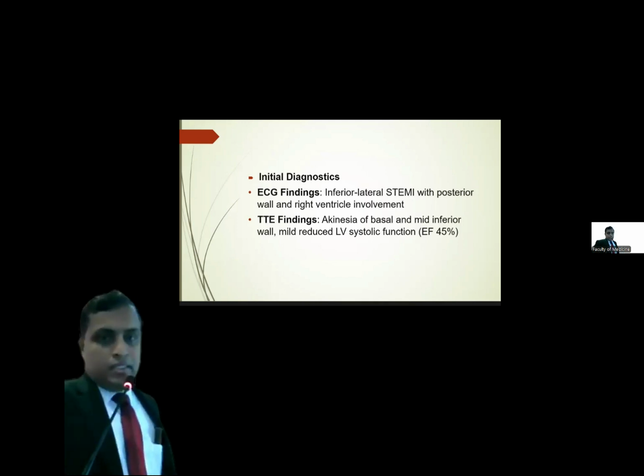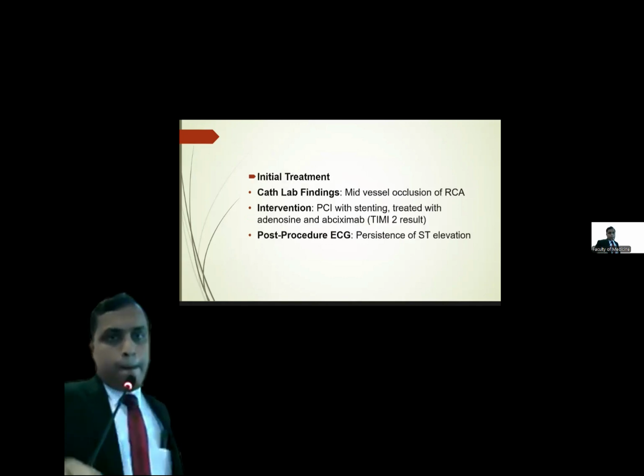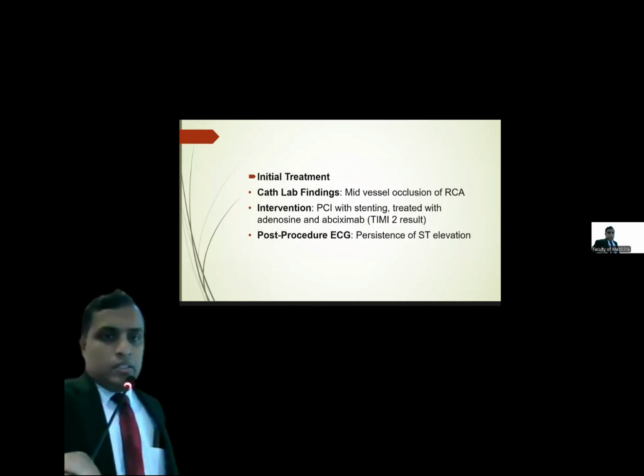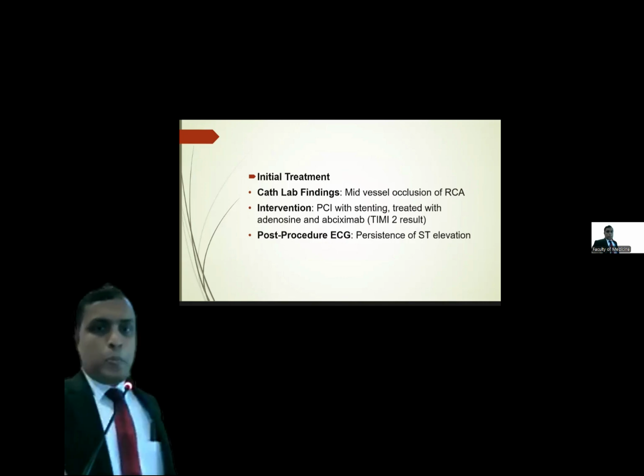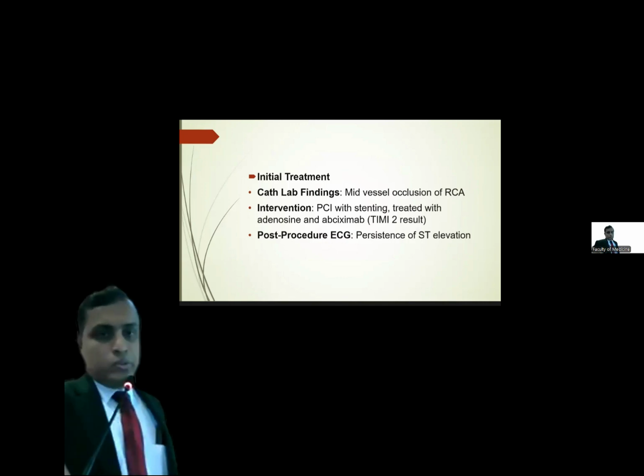Echo showed hypokinesis of the basal and mid inferior wall with a mildly reduced ejection fraction of 45. The patient was taken to the cath lab and found to have right coronary artery total occlusion.